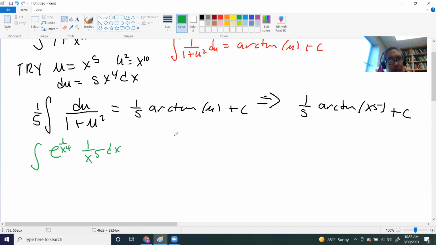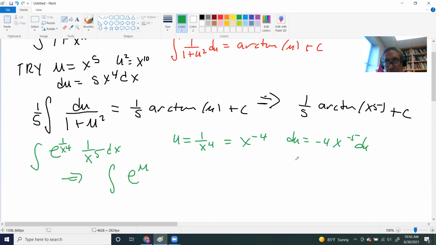Well, the thing to remember, I won't do this entire problem, but if I let u equal x to the minus 4, this integral is transformed into e to the u. Notice minus 1/4 du is x to the minus 5 dx. Yeah, this should be an x here, my bad.